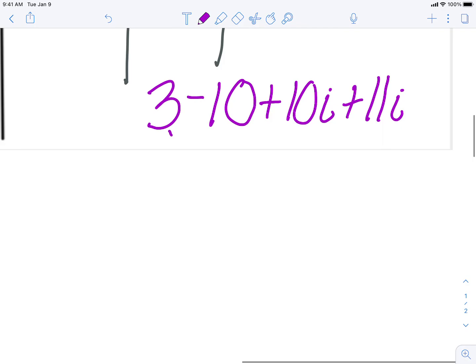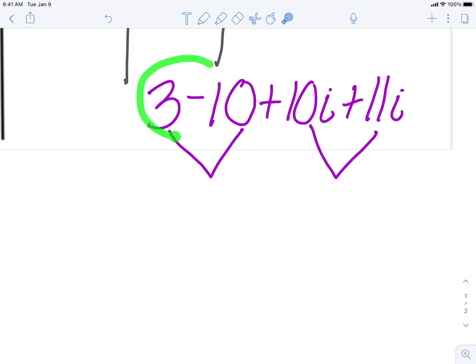So I notice that these two are like terms and these two are like terms. A positive 3 and a negative 10 are not the same signs, so 10 minus 3 is 7. And it's a negative 7 because 10 is a negative and 10 is bigger.